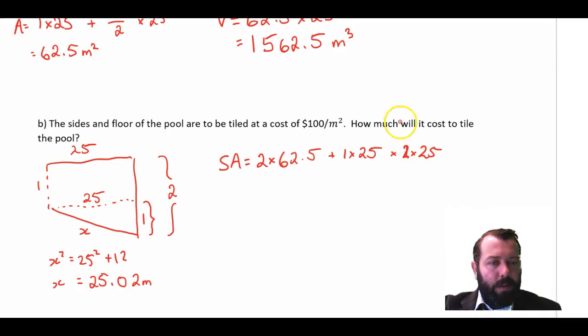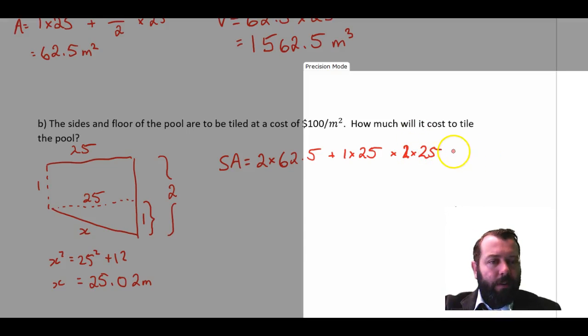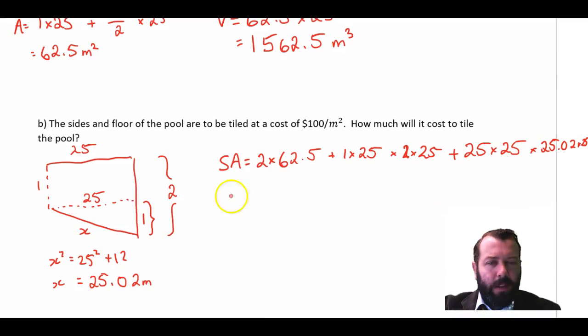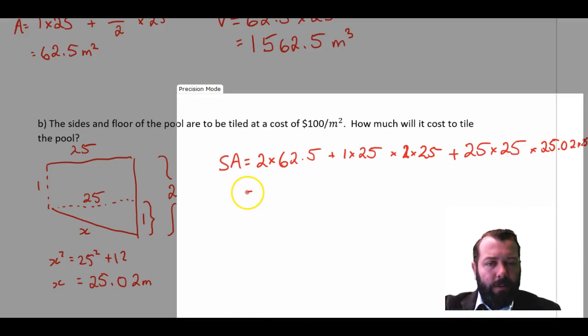I'm going to have to shuffle across a bit. Now, there is the floor of the shallow end, which is 25 by 25, and the floor of the deep end, which is 25.02 by 25. Oh, and I've just run out of space. Now I'll need to work each of those out.